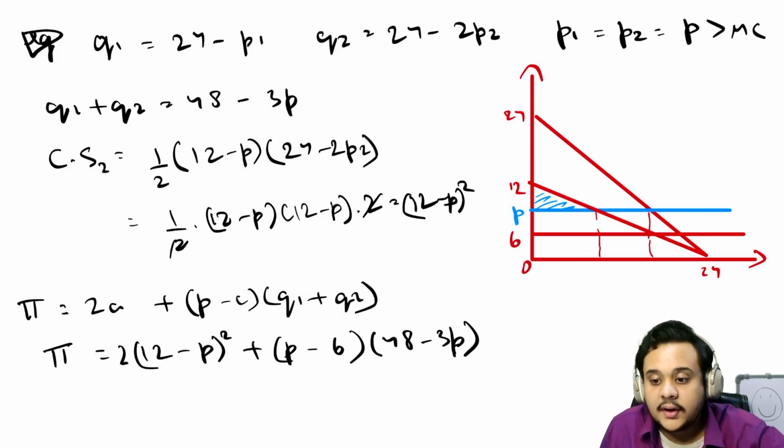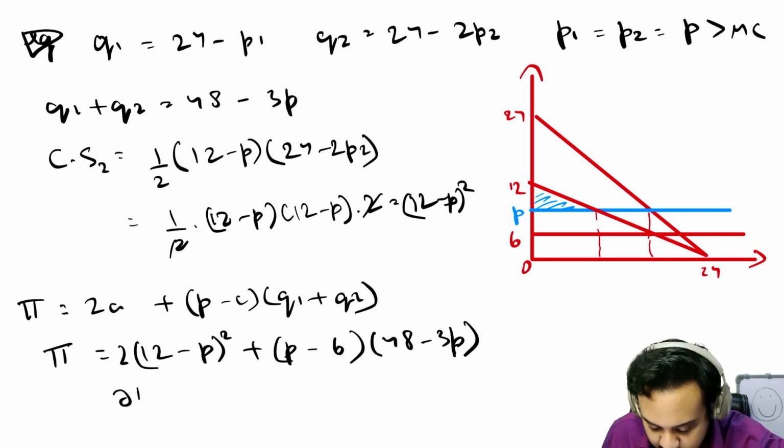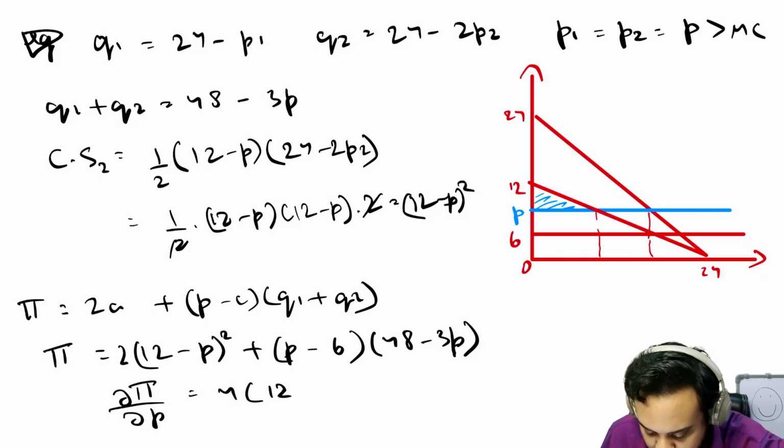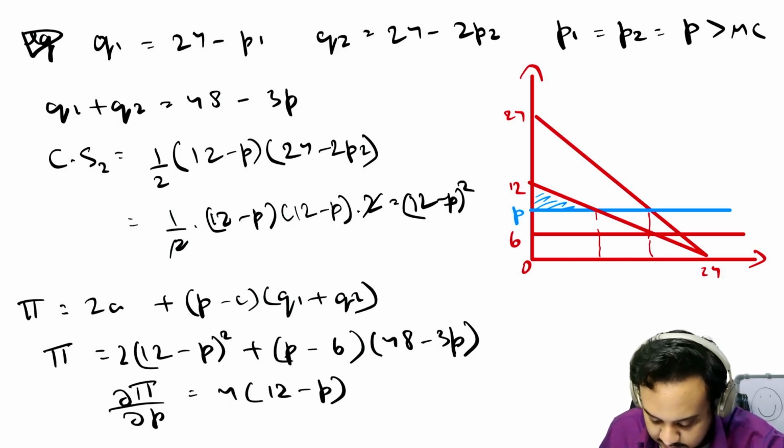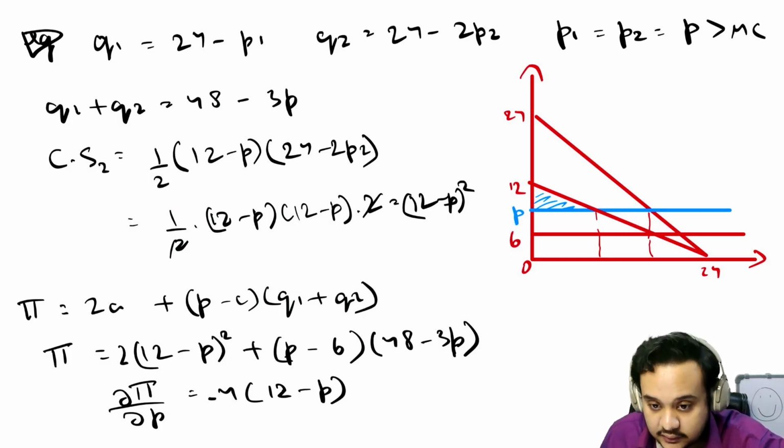Now we find the partial derivative with respect to P. So this is going to be 4, 12 minus P, or rather this is going to be minus 4, because the P has a negative sign.